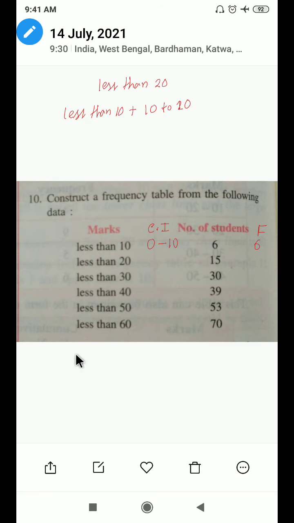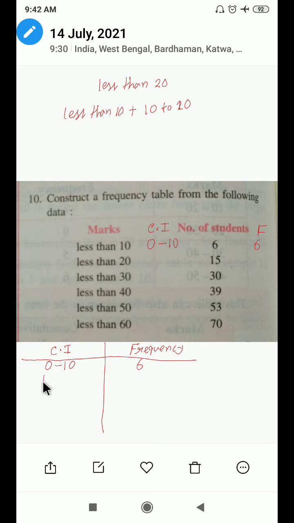So I am doing it here. Here is the class interval and here is the frequency. So when the class interval is 0 to 10 it will be 6.